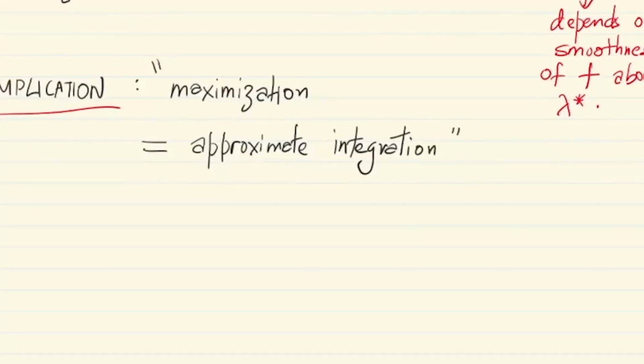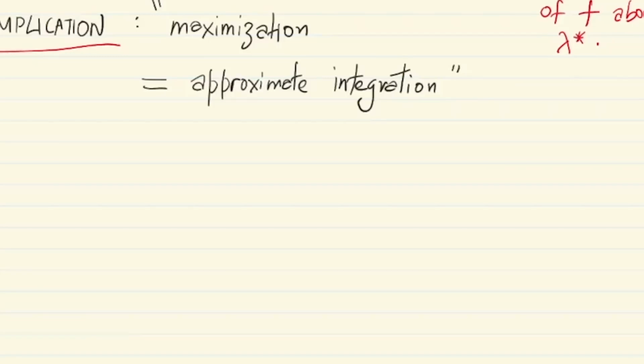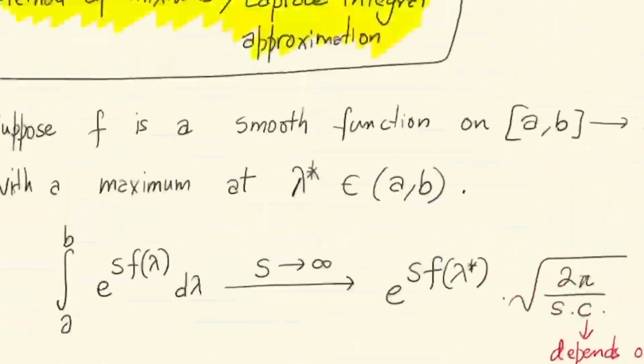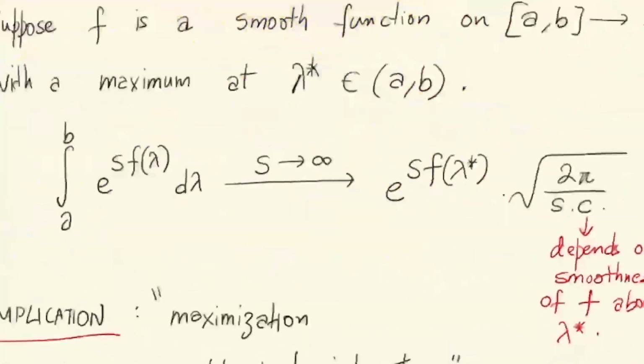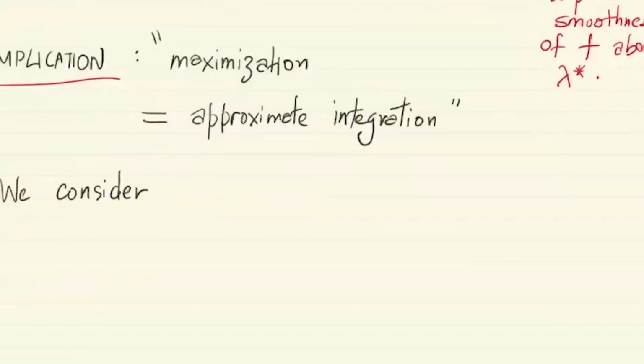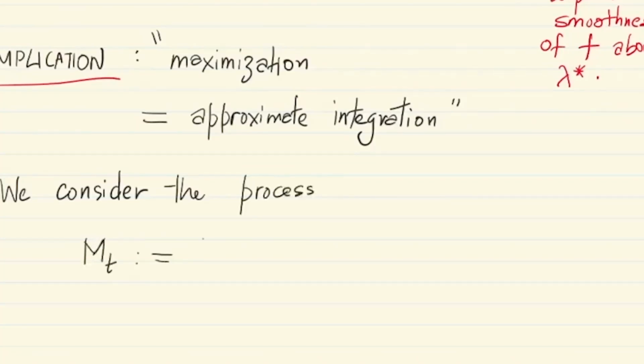And this is very useful in our context because instead of the sup over lambda of M_t lambda, we can set up the stochastic process M_t, which we define as the expected value over lambda drawn from some distribution Q over R^d of M_t lambda.